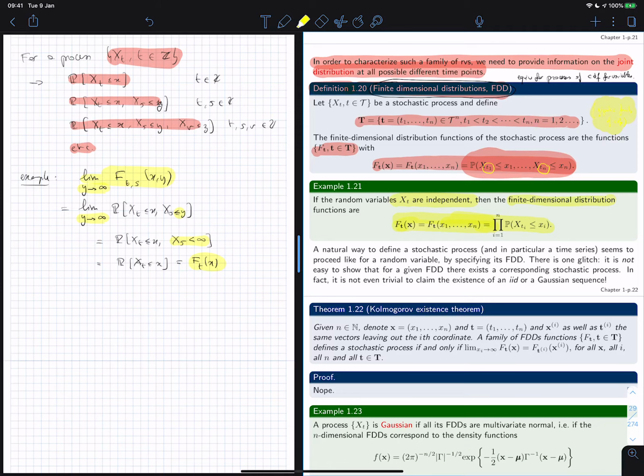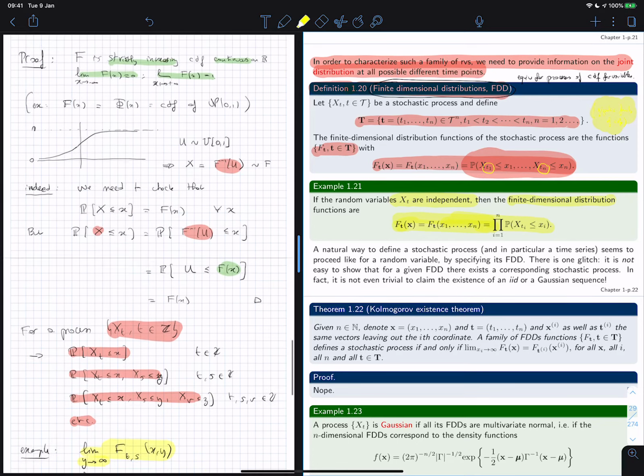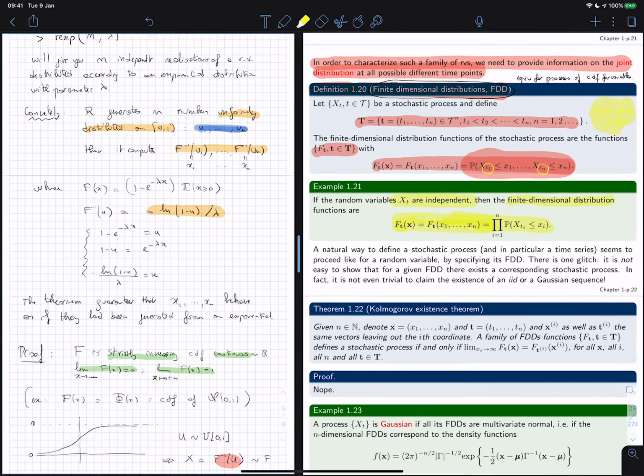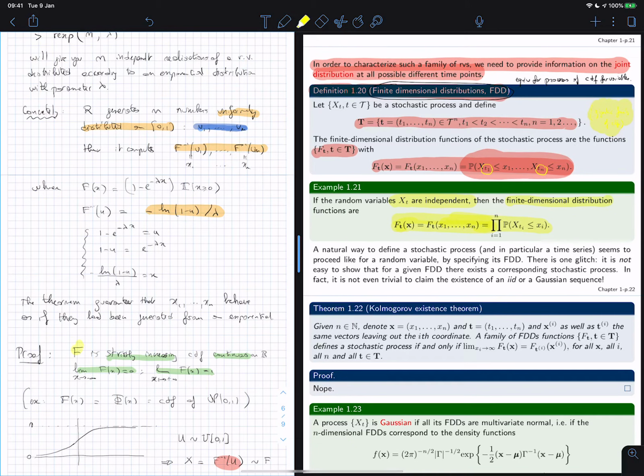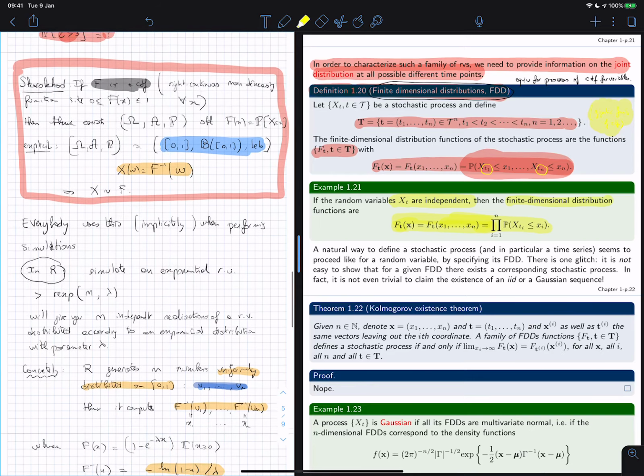And well, similarly as for random variables, to define a random variable, you just define its distribution. You give its CDF. And once you have the CDF, you're happy, because Skorokhod guarantees that given an f, there exists a probability space on which f is the CDF.